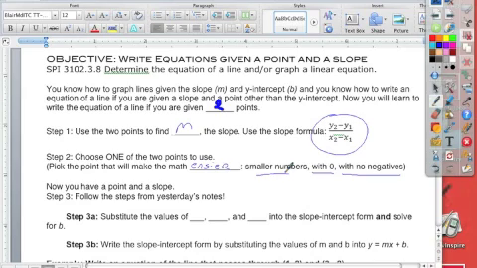All right, so now you have a point because it gave you 2 points to start with, and you have the slope. You use this formula to find the slope. Follow steps from yesterday's notes. If you don't have them, look at previous videos to get yesterday's lesson.